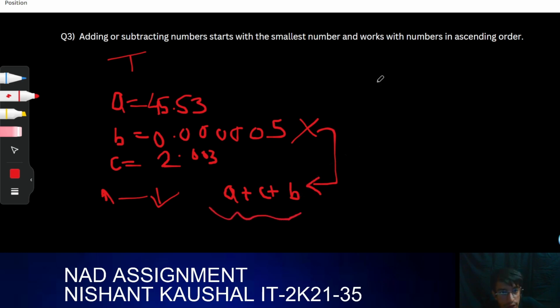But if we start adding numbers like B plus C plus A, then this B cannot be neglected. It increases the accuracy of our answer. So this should be true.